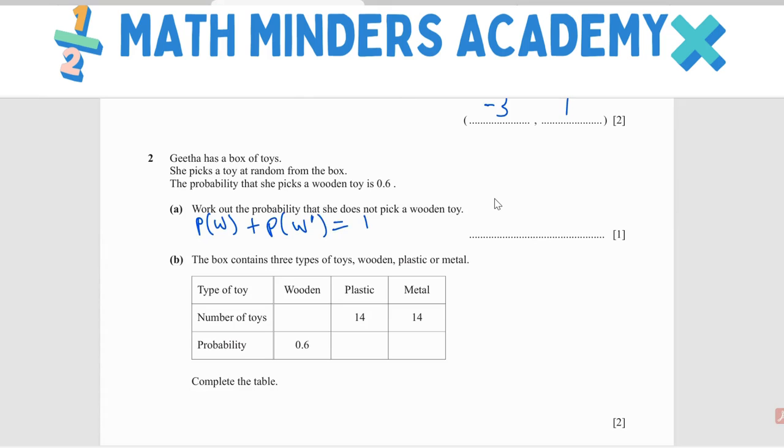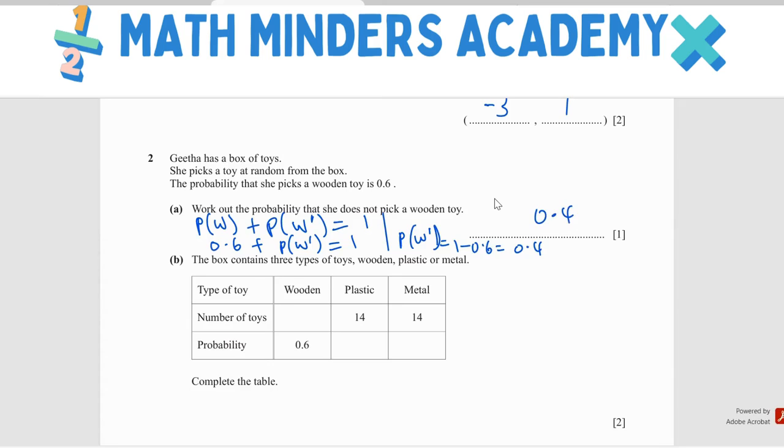So picking a wooden toy is 0.6, and we are looking for the probability of not picking a wooden toy. So it is 1 minus 0.6, which is 0.4.